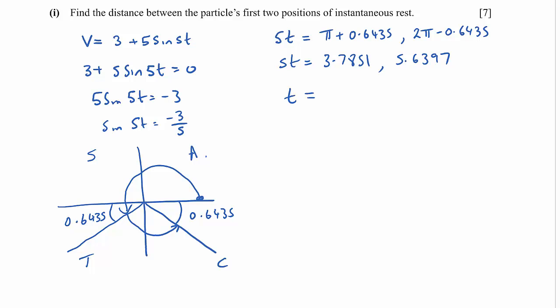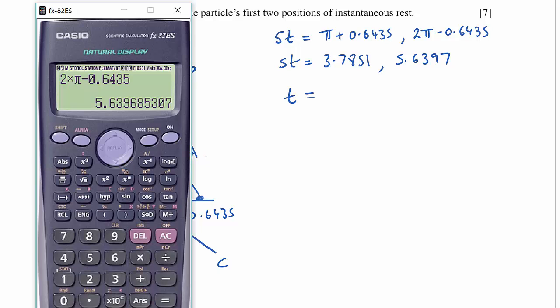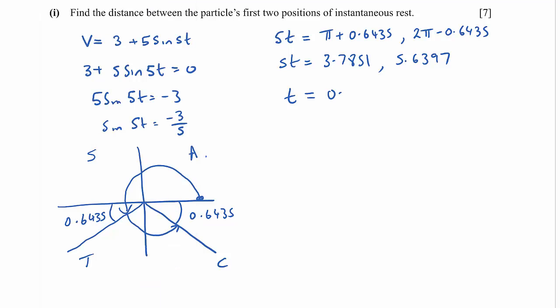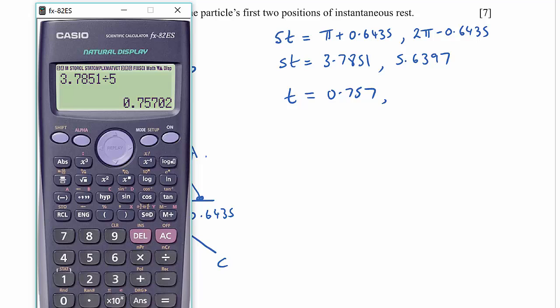And so to get t, we're just going to have to divide those by 5. So we've got 3.7851 divided by 5, so 0.757. And then we've got 5.6397 divided by 5, 1.128.